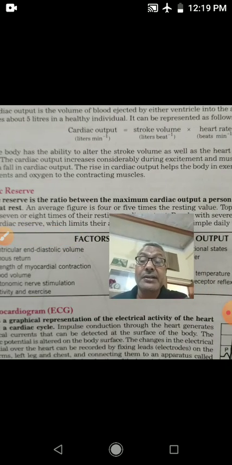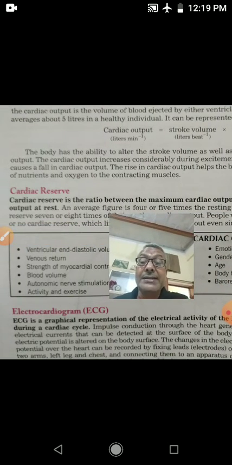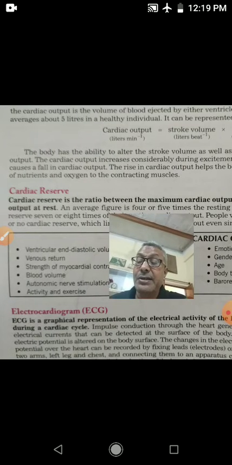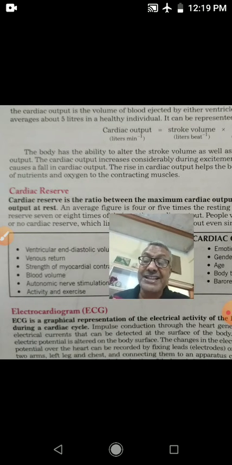Now next, children, you have to know what is the cardiac reserve. Cardiac reserve is the ratio between the maximum cardiac output a person can achieve and the cardiac output at rest.